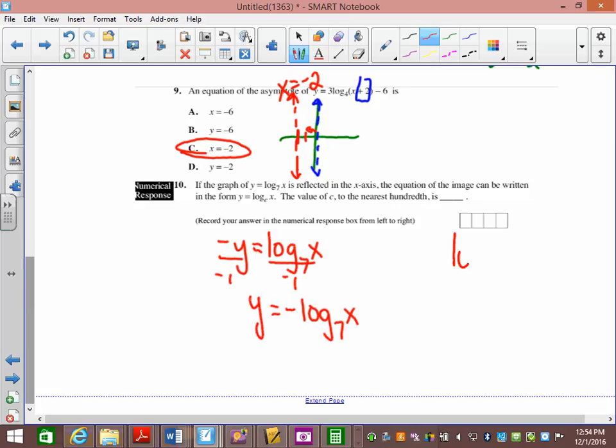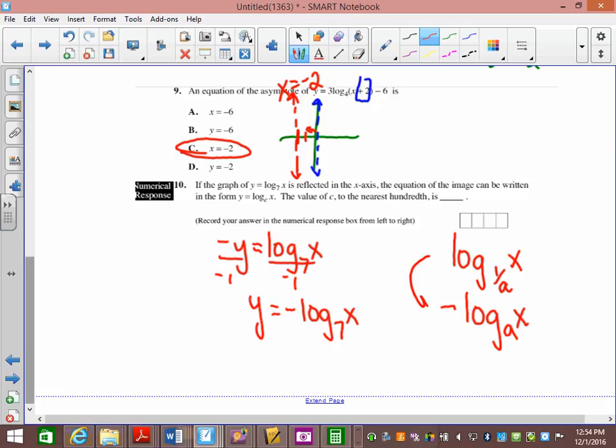If I give you this, log 1 over a of x, that is the same as writing negative log ax.